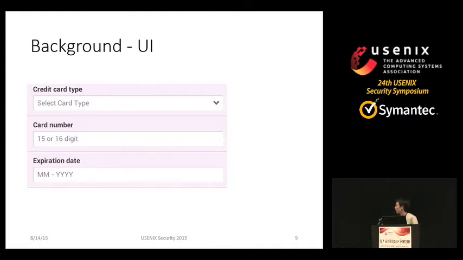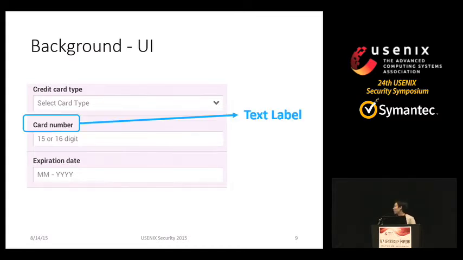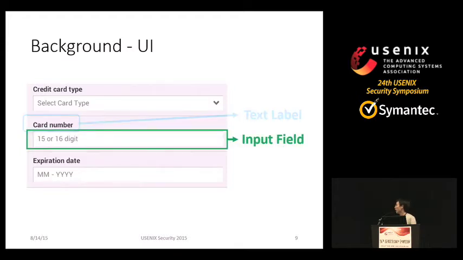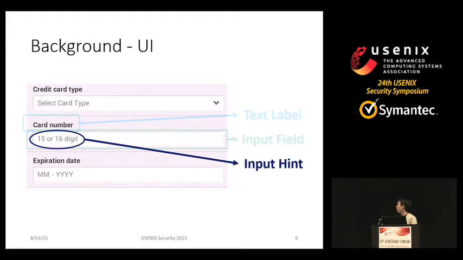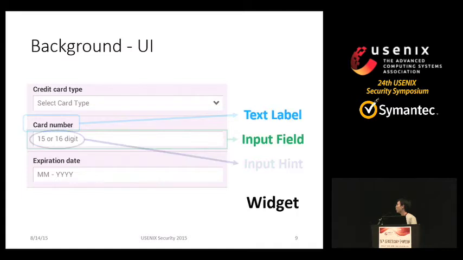Before we go into the details, I want to quickly introduce some terminology. In this example, we can find the text labels, the input fields, and the hints for the input fields. The text labels and the input fields are called UI widgets, and they may be referred to in later talks.